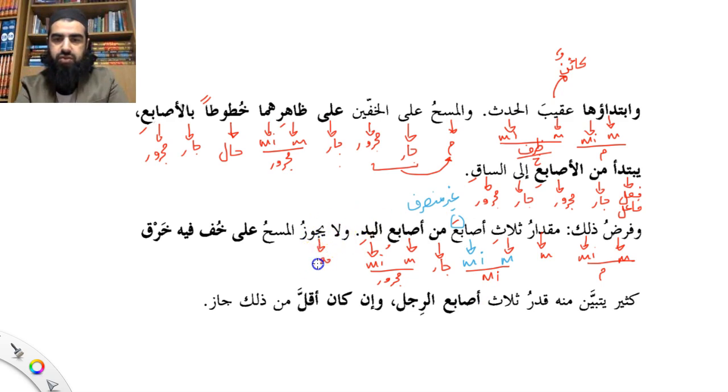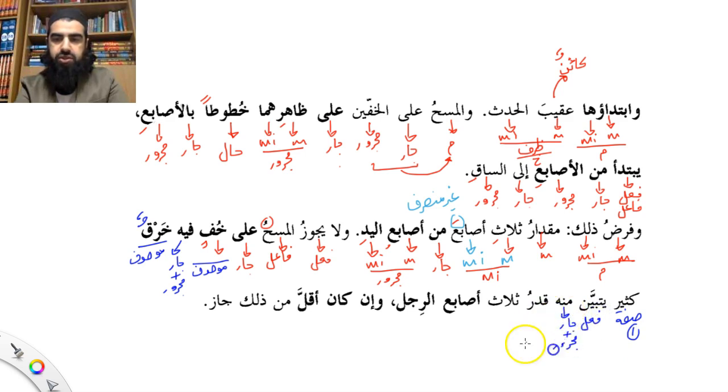Okay, so la yajuz. La yajuz is fi'l, masa is fa'il, ala is jar, khuf is majroor, fihi, actually khuf is mawsoof, make it mawsoof. Fihi is jar majroor, khabar muqaddam. Kharqun is mawsoof. Kathirun is sifa, al-awwal, ula. Yatabayyin is fi'l plus fa'il. Minhu is jar majroor. Qadr is mudaf, thalath, all that is a sequence of mudaf ilayhis.